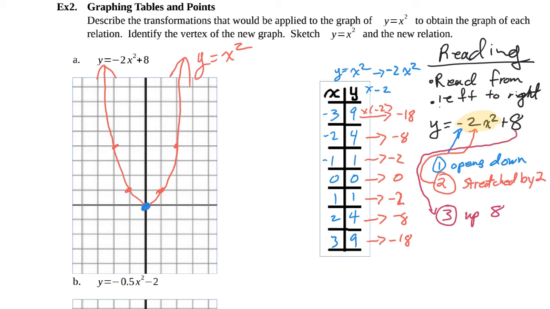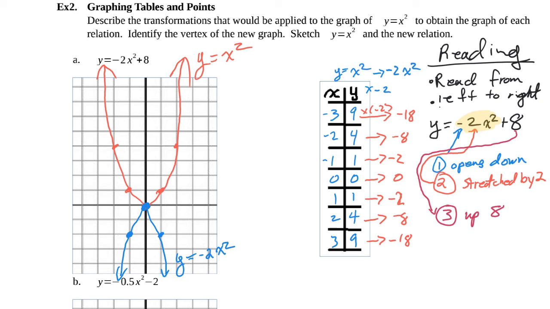Then for the next point, x equals negative 1, we're supposed to have negative 2, so we got this. And for positive 1, we're supposed to be there. The rest of the graph is off the chart. So let's just draw our upside down graph. This is y equals negative 2x squared.